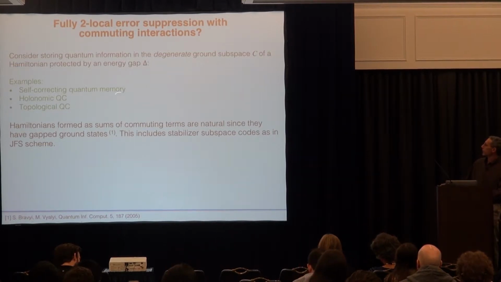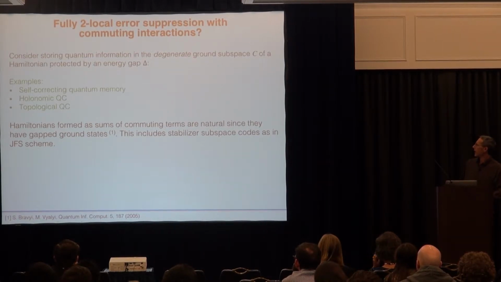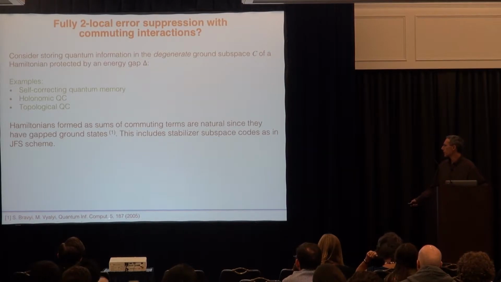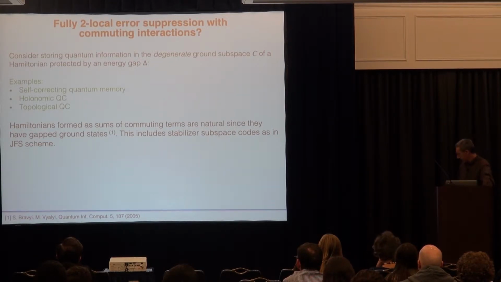And this is what we want to do in self-correcting quantum memory and holonomic quantum computation, topological quantum computation. So Hamiltonians that are formed as sums of commuting terms are natural for this setting because they have gapped ground states, as was shown in this paper. And that, of course, includes the example of the JFS scheme that I talked about.